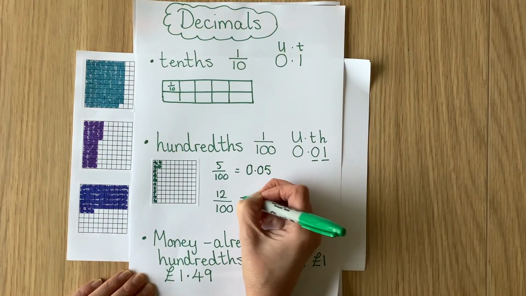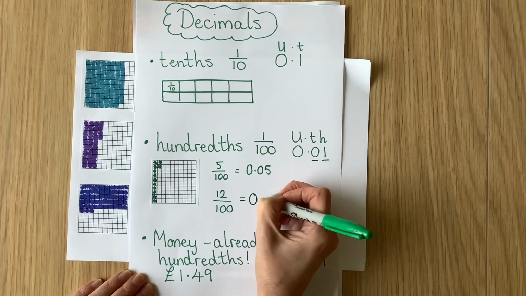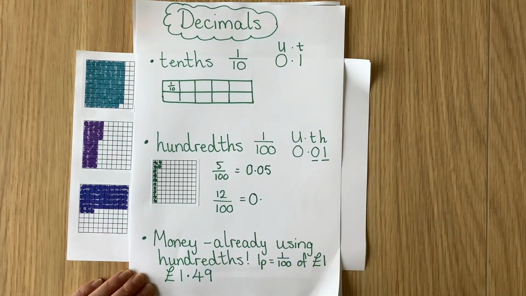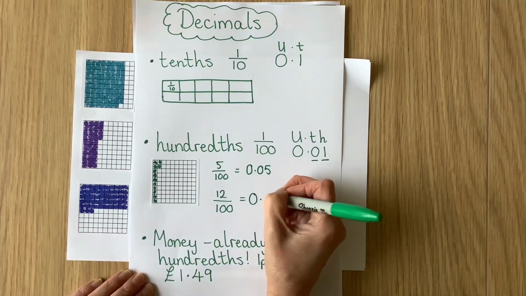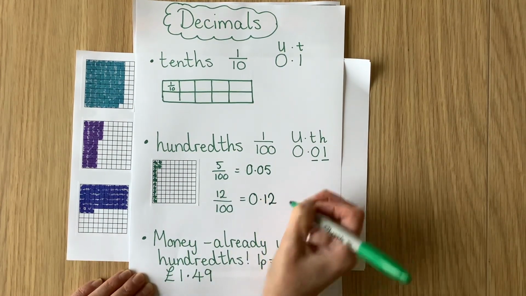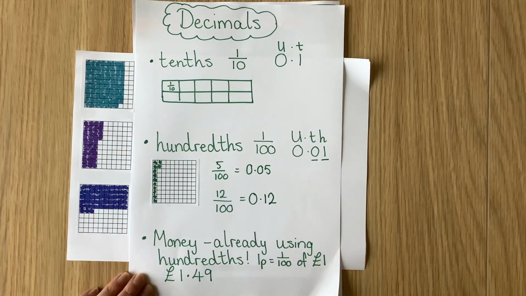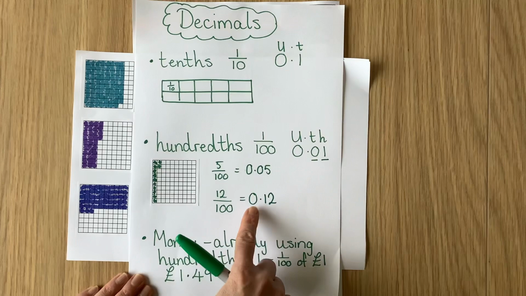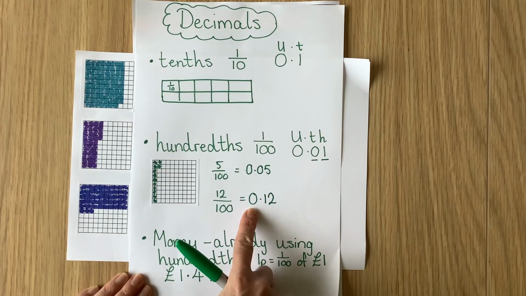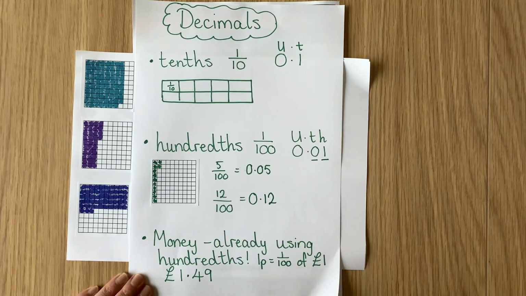To write that as a decimal, I haven't coloured in the whole thing, so I've got my 0 at the start. How many out of the 100 have I coloured in? 12. So I put my 12 after it. But this is something that we need to remember. I don't say zero point twelve. In decimals, we say each number separately.